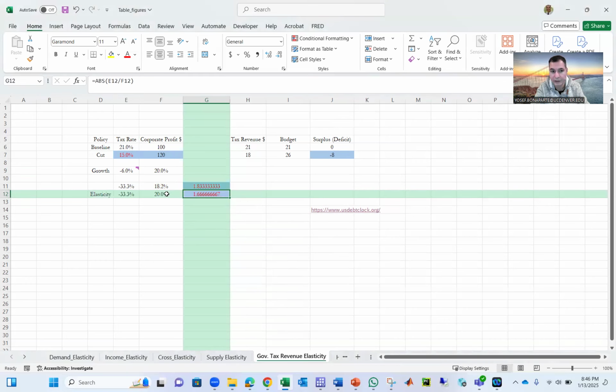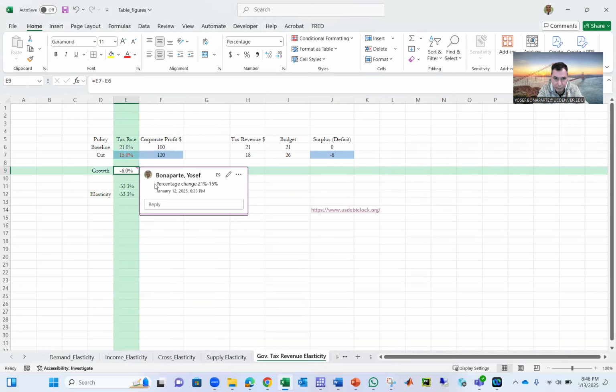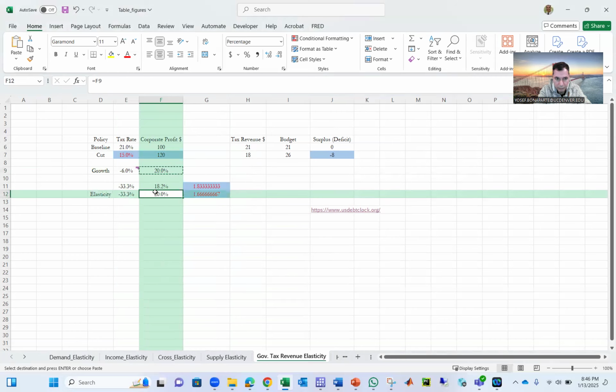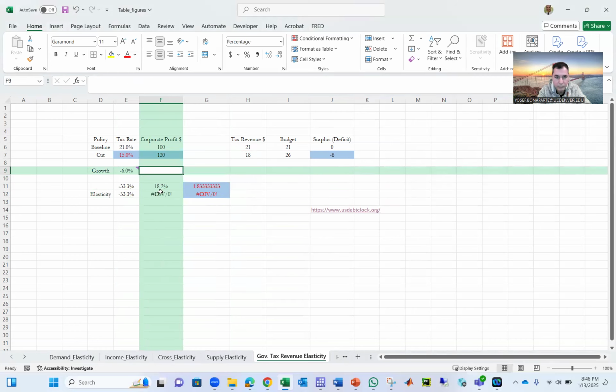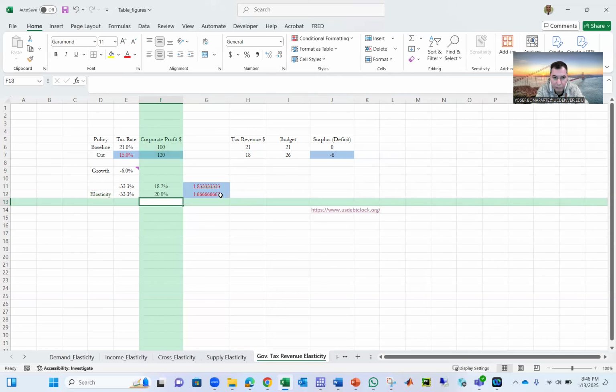Without being fancy, just a 20% change here versus 33% change here. $120 minus 100 divided by 100. So this is elasticity without being fancy.